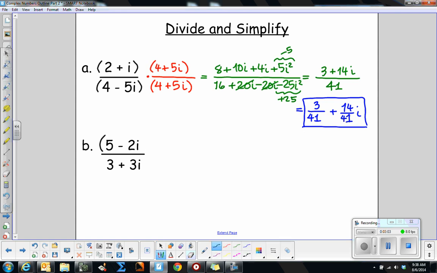Next example. Multiply the numerator and denominator by the conjugate of the denominator. It's the denominator we're trying to turn into a real number.